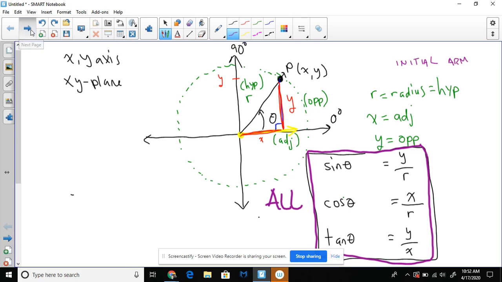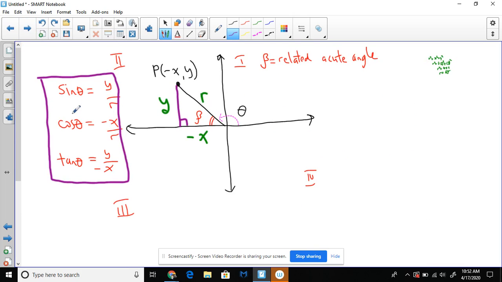So the only difference when I'm in quadrant 2 is that cos and tan are negative. So this is where we start to talk about the CAST rule, where in this section, sine is positive. In this section, all of them are positive. Okay? Everybody cool with that?